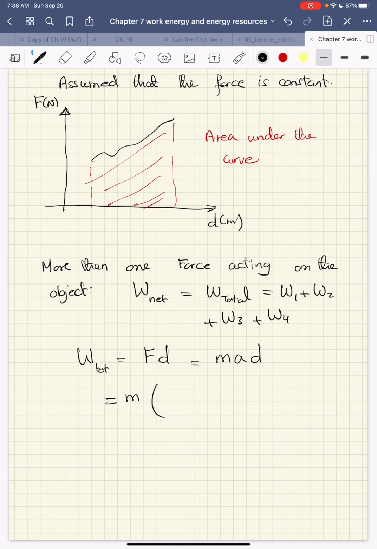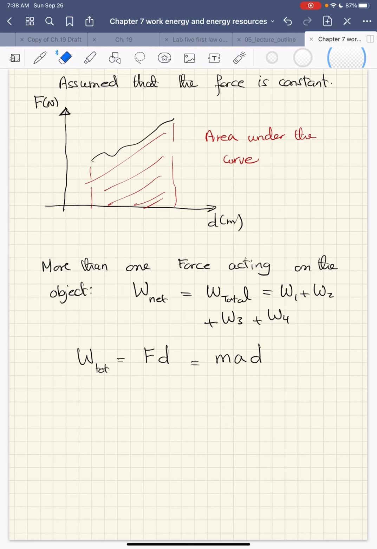I can remove the A and put V final minus V initial divided by time times D. What I can do, no, this is not going to be beneficial for me. Let me do one more thing. Let me show you first why I'm going to do this.